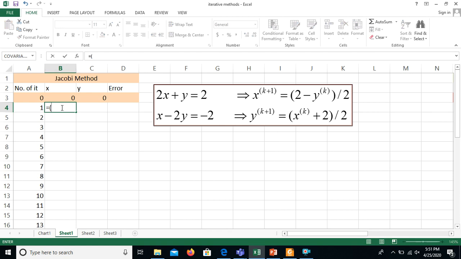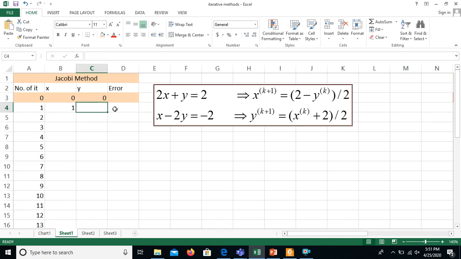So x would be equal to 2 minus y, divided by 2. So here I write x equal to 2 minus the old value of y, divided by 2, and that's it. I got a value 1.